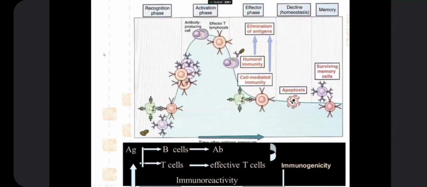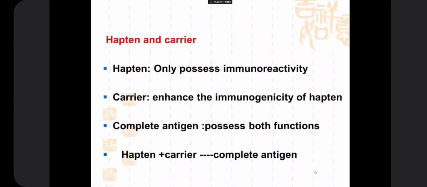This is the adaptive immune response, 适应性免疫应答. Based on the ability to carry out these two functions, antigen may be classified into different types.